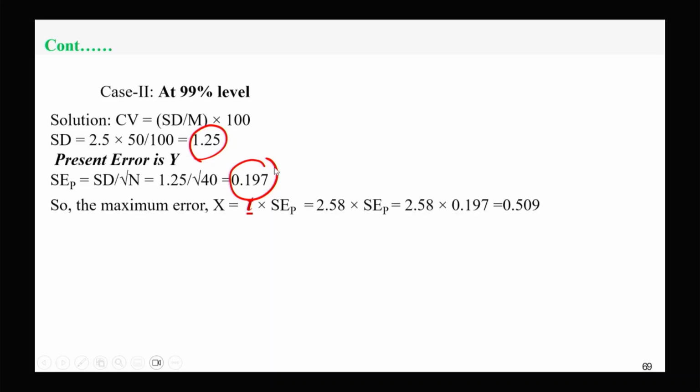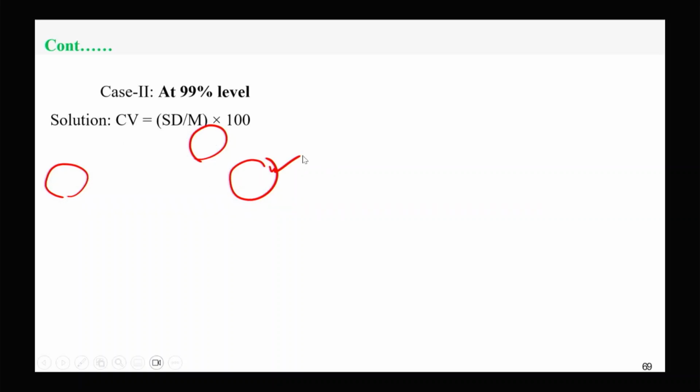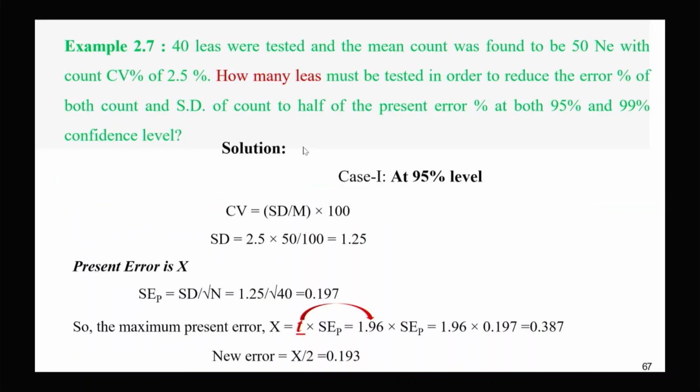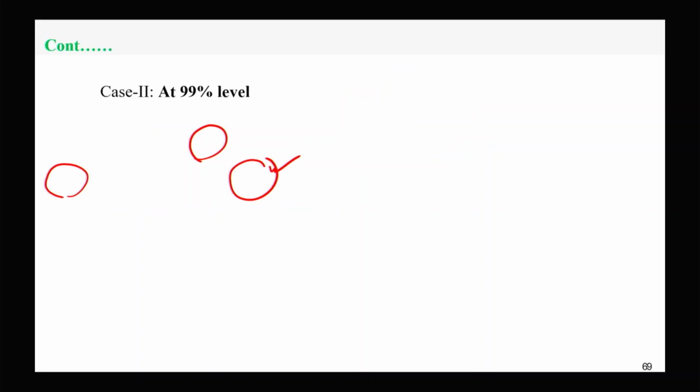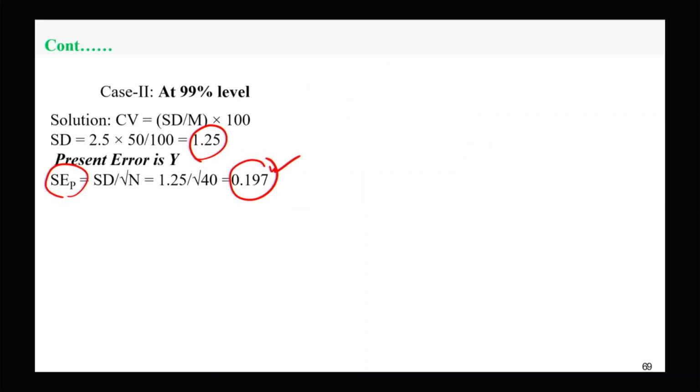Same, and present standard error of population is 0.197, the same as the earlier case.